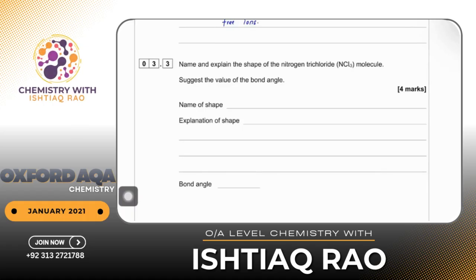And the name of the shape would be, is it the pyramidal shape? Pyramidal shape, yes. Pyramidal, right. And explanation? It has three bond pairs and one lone pair. Yep.